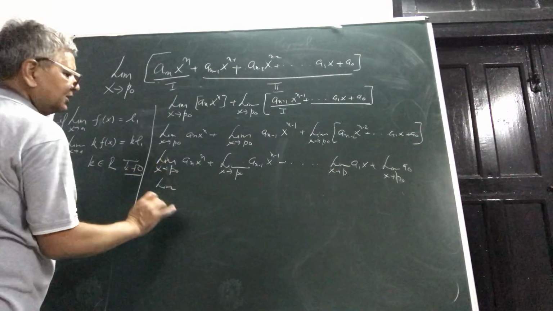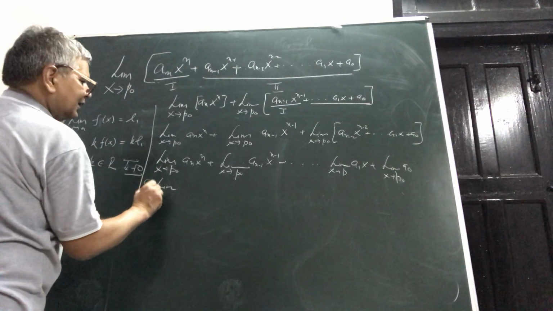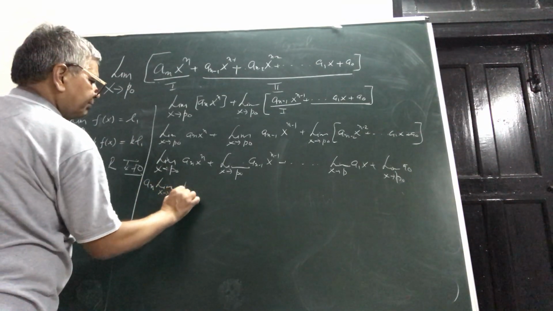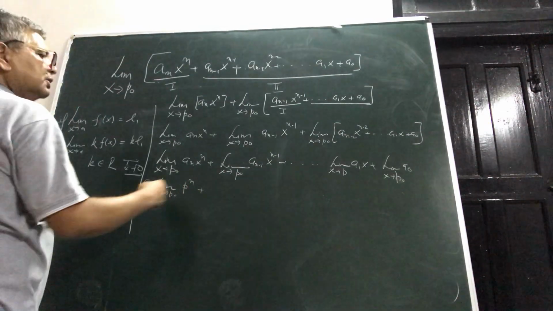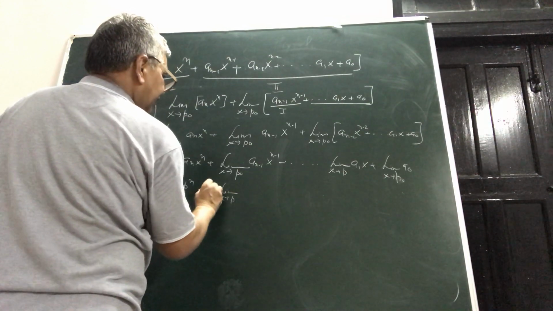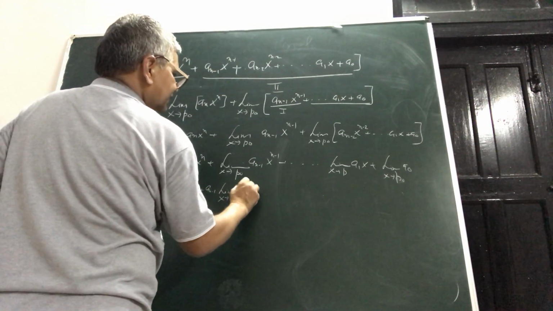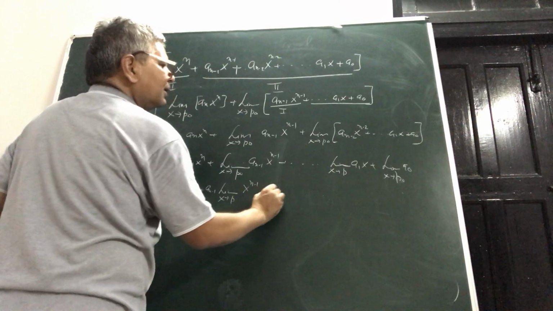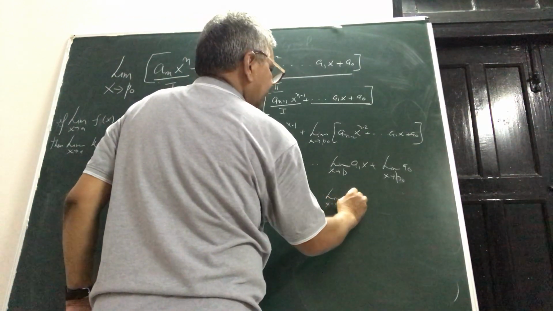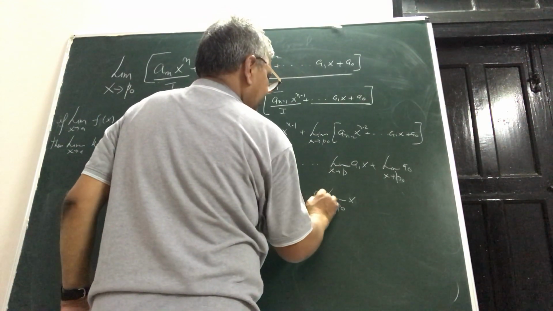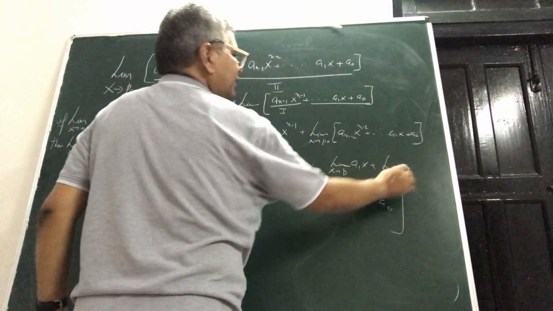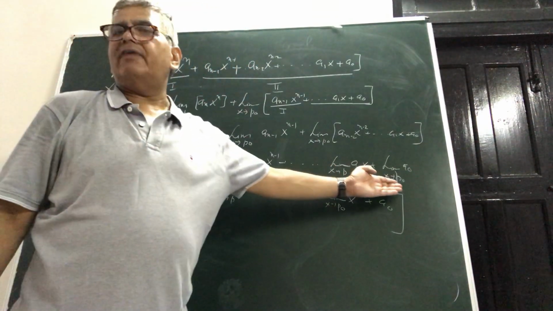Now a_n is a constant term, so it is a_n limit x tending to p naught of x raised to power n, plus so on, limit x tending to p naught of a_(n-1) x raised to power n minus 1, plus limit x tending to p naught of a1 x, and then a naught. This is a constant function, so its limit is equal to its functional value.